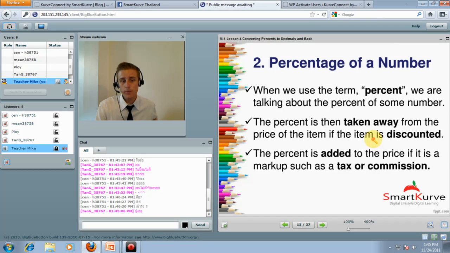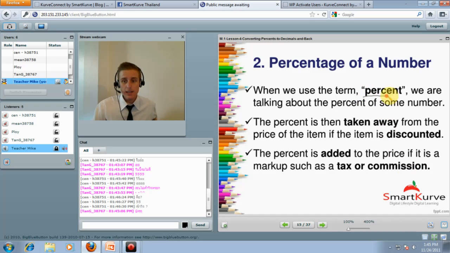When we use the term percent, we are talking about the percent of some number. The percent is then taken away from the price of the item if the item is discounted. The percent is added to the price if it is a markup, such as tax or commission.